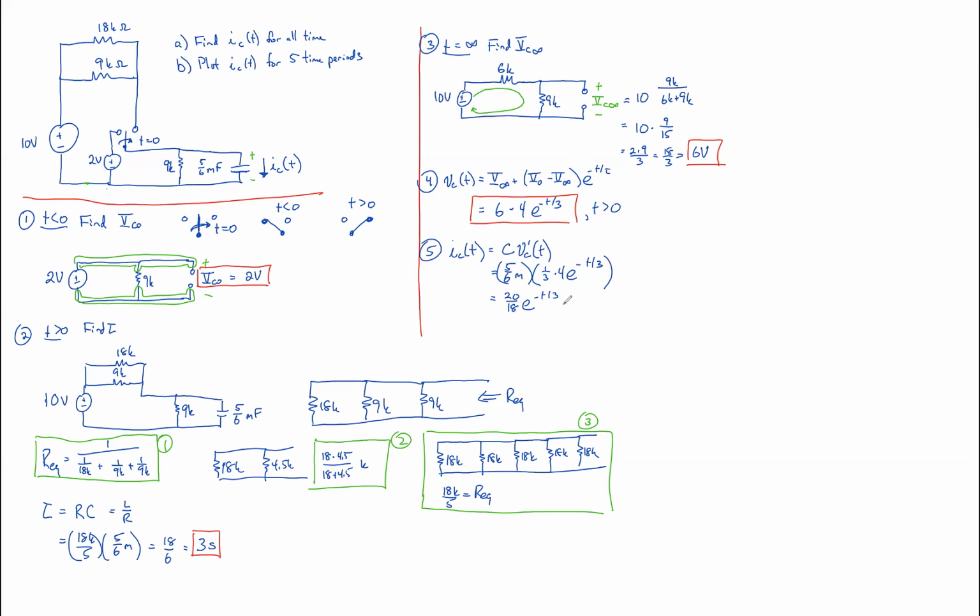Now this milli comes out and it just becomes milliamps. And we're almost done. We can simplify this a little bit to 10/9 e to the minus t over 3 milliamps. So that is what our current is for the region time greater than 0.